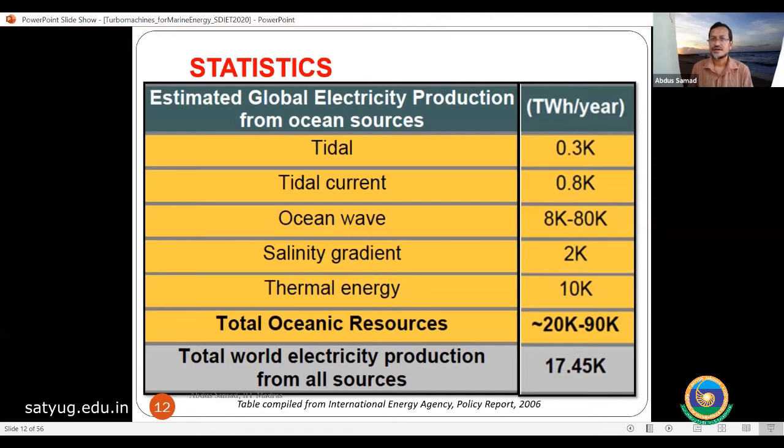Tidal energy is already installed in many countries. For example, France installed a big system in 1964, producing around 250 megawatts. And recently, 2-3 years back, South Korea produced power at Sihwa Lake tidal barrage, the world's largest, 256 megawatts.